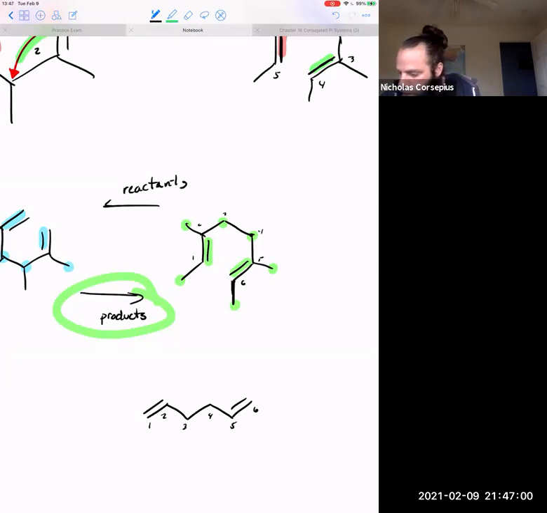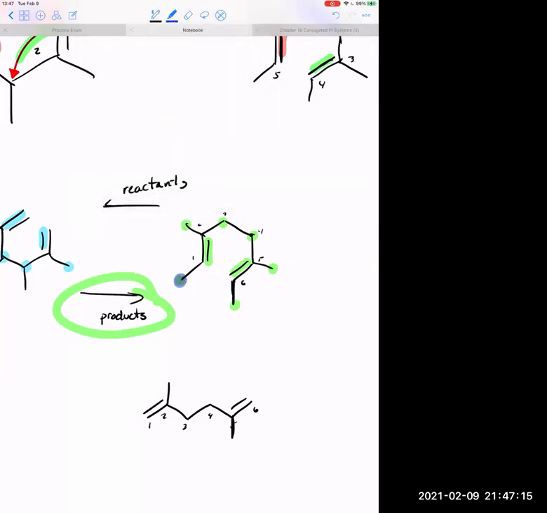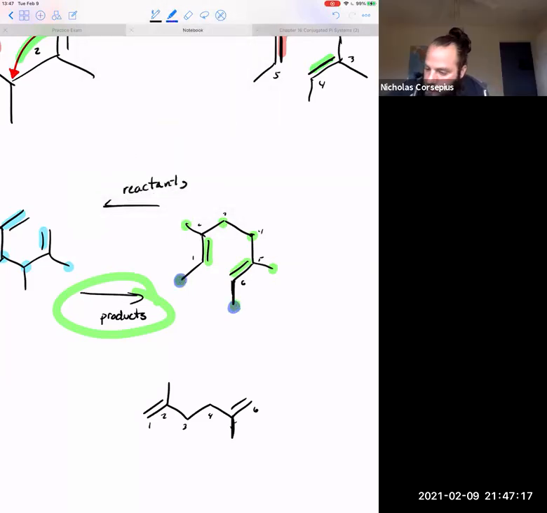Before I do anything else, I can make sure that carbons 2 and 5 have methyl groups. And now I'm going to make sure that these two carbons go in there in the correct conformation. In this case, I'm going to make sure that they are both E.